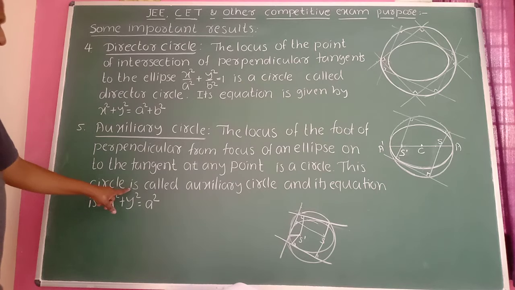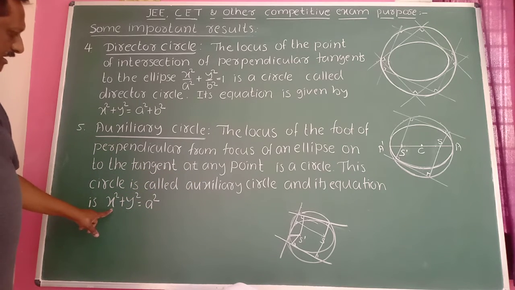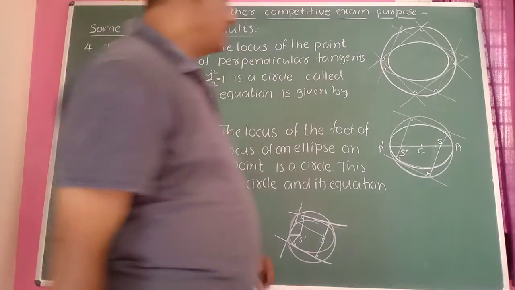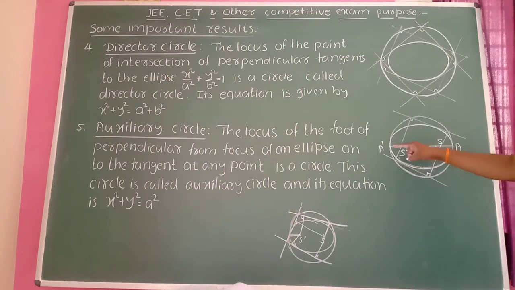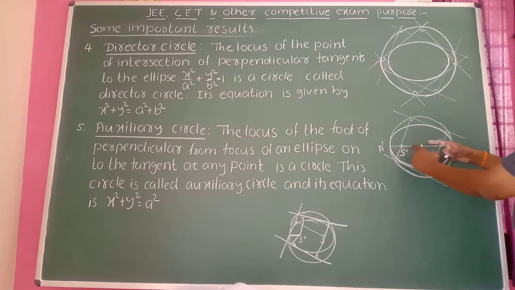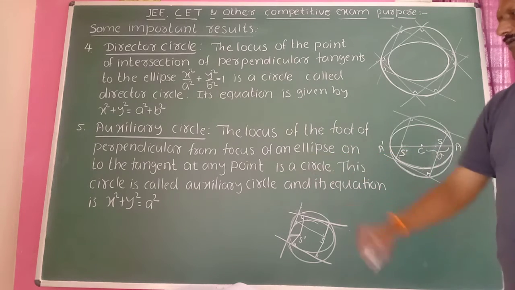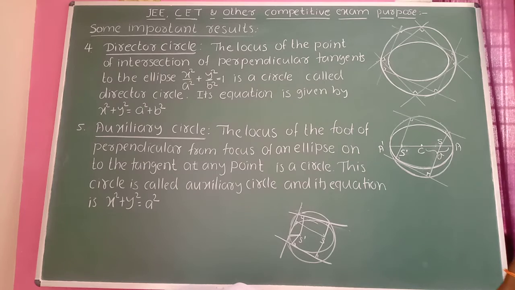This circle is called the auxiliary circle, and its equation is x square plus y square is equal to a square, because this circle is described on the major axis, and the length of the semi major axis is a. Therefore this is the radius of that circle, so the equation of this circle is x square plus y square is equal to a square.